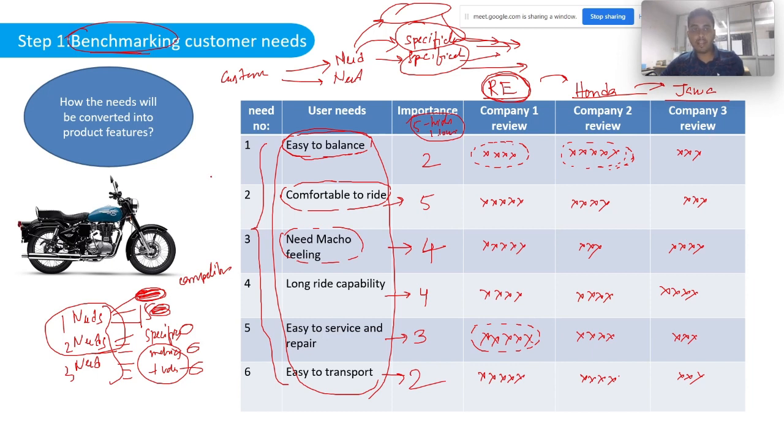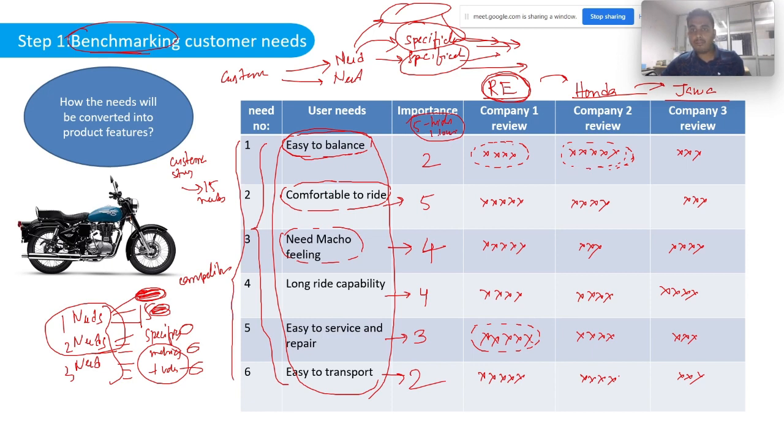For example, from your customer or the user study, probably you gathered 15 needs, and you found that only 6 needs the competitors are capturing.